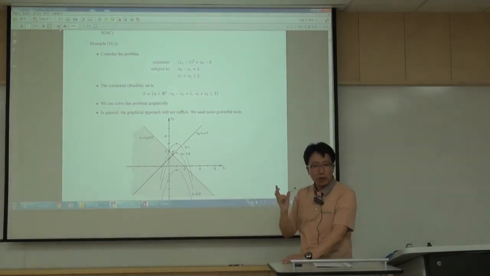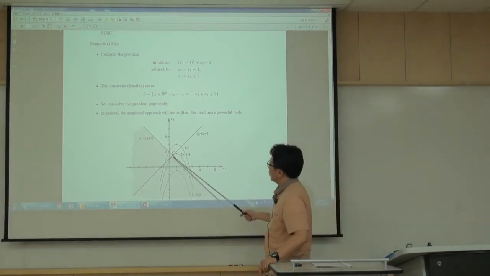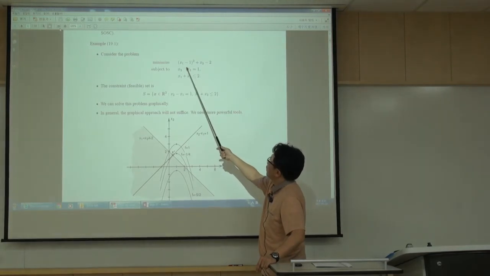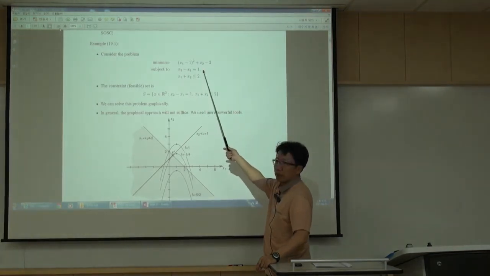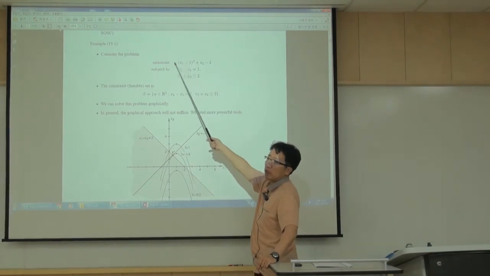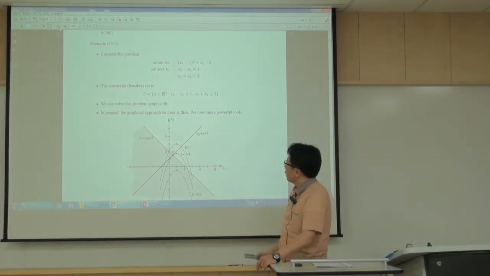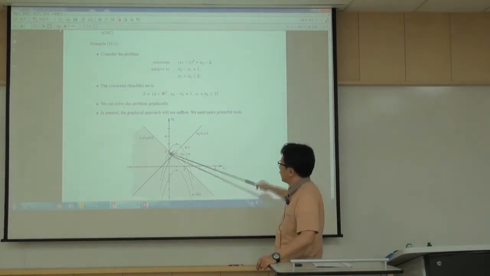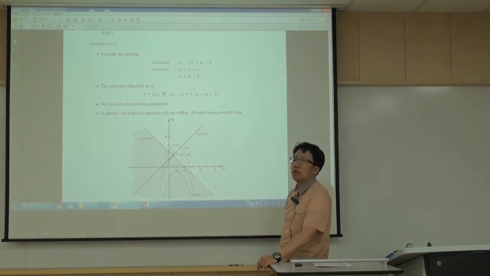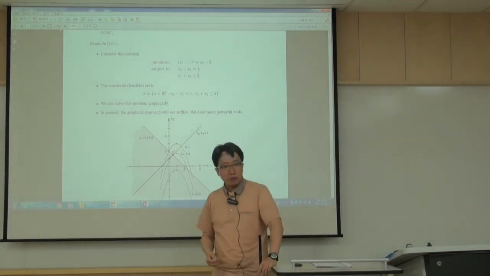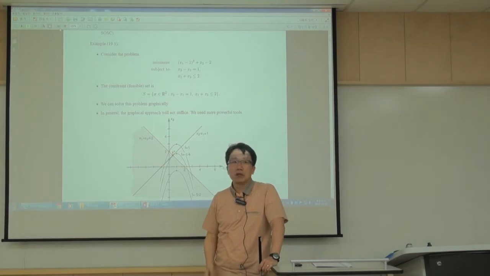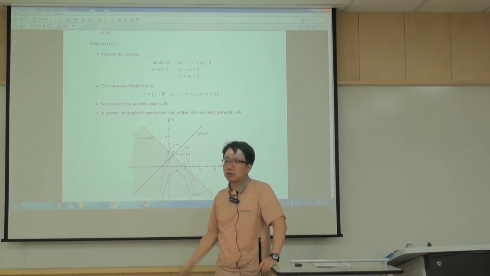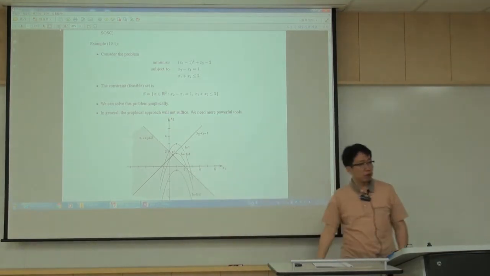If you were a high school student, since you know this is a straight line, you replace x1 with x2 minus 1 here. And then this becomes a function only of x2, and you have the range of x2. So it's just a minimization of a quadratic function on an interval. So this problem can be easily solved.